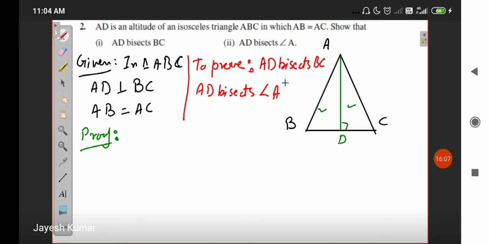How so? If you had paid attention, you will know that these two angles are 90 degrees. That means triangle ABD is a right angle triangle, and triangle ADC is also a right angle triangle.